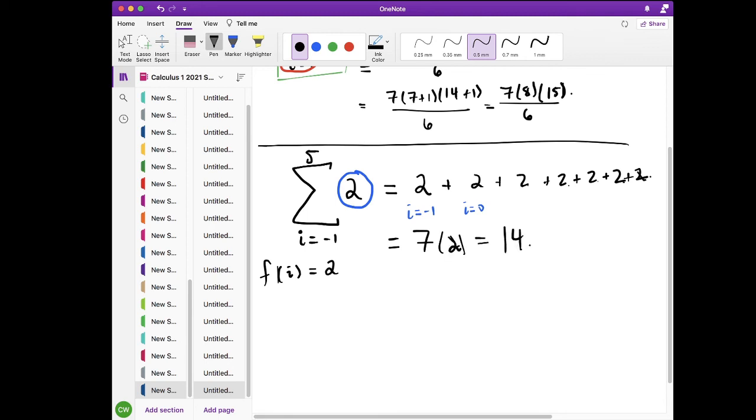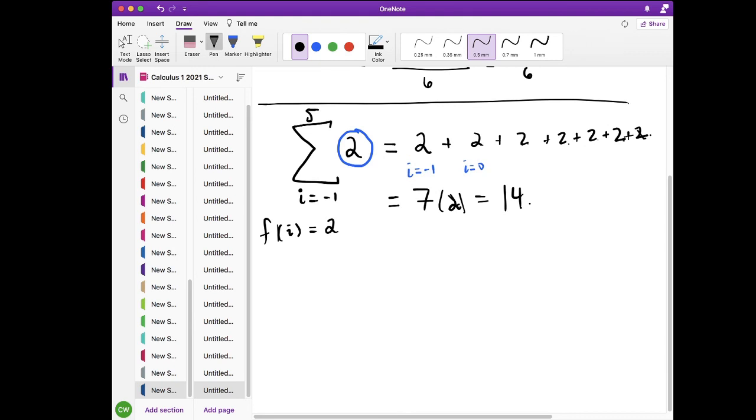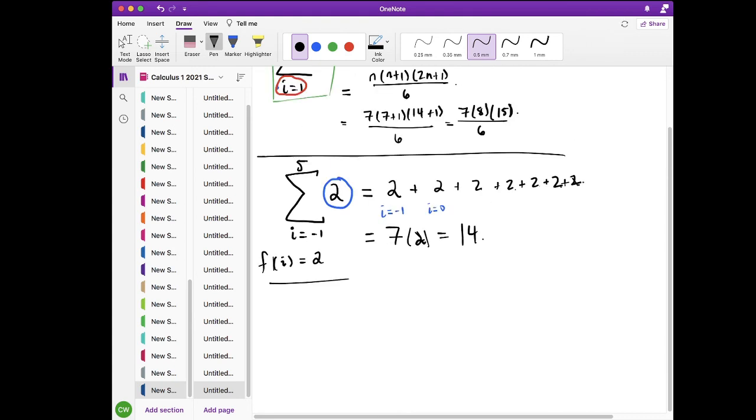Yeah, so in general, I made it hard by using a negative in there, but something that is generally true is that the sum from I equals 1 to n of A is equal to n times A. It's important where you start from.